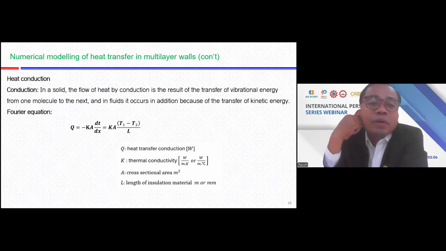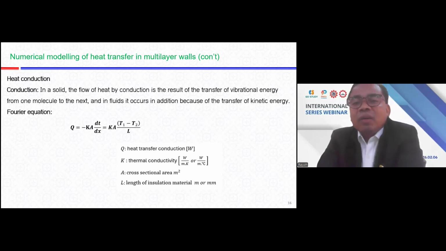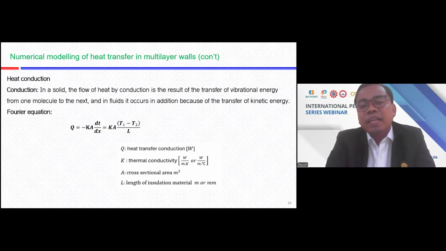Q is the heat conduction, with unit watt or kilowatt. K is the thermal conductivity, with unit watt per meter Kelvin or Celsius. A is the cross-sectional area, in meter squared or millimeter squared, and L is the length of the insulation material, in meters or millimeters.